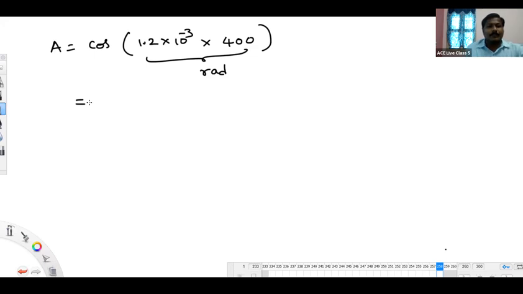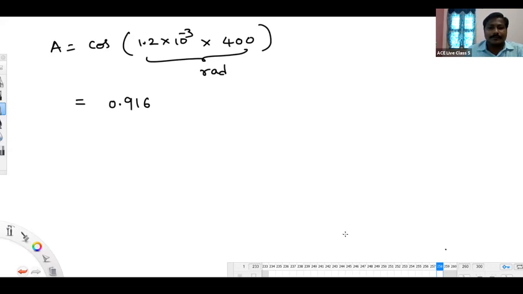Please tell me how much parameter A is. 0.99? 0.916? 0.961 or 916?